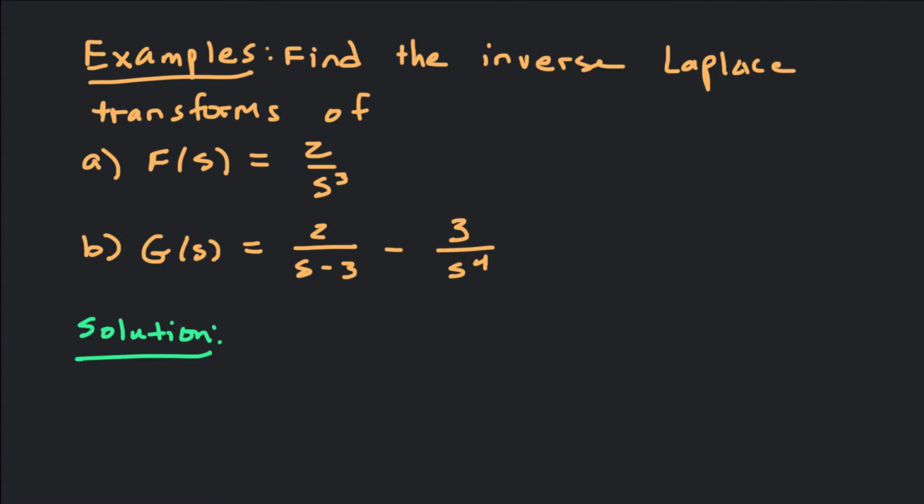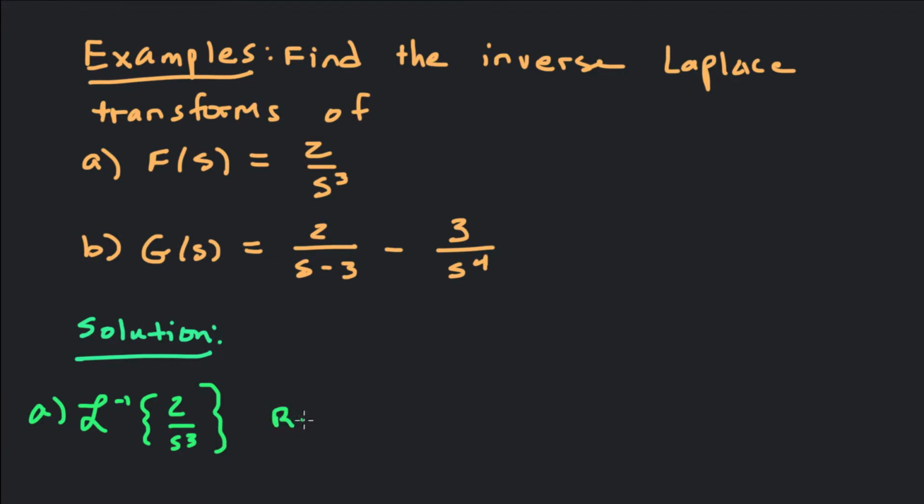All right, so let's look at an example here. The example says find the inverse Laplace transforms of, first, 2 over s cubed, and second, 2 over s minus 3 over s to the 4. So we want to look at the inverse Laplace of 2 over s cubed. What do we take the Laplace transform of to get something over s cubed?